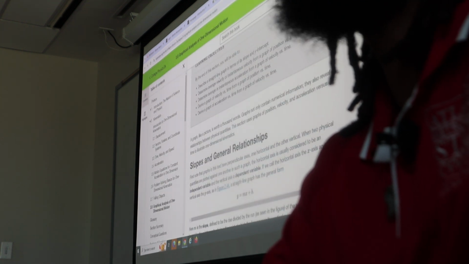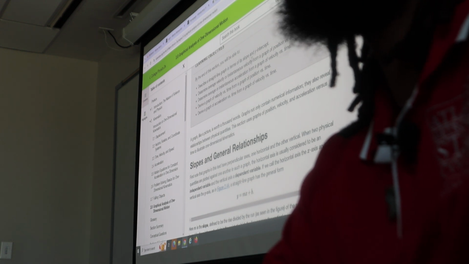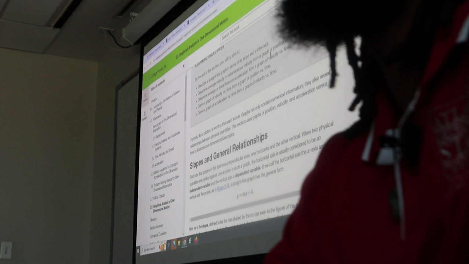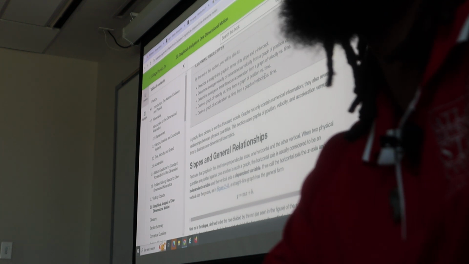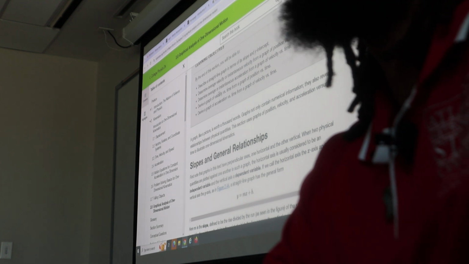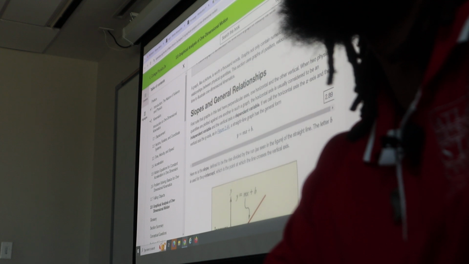But yeah, that last part, it's just getting a graph, the slope, y-intercept, position versus time, velocity versus time, just understanding how each one works.